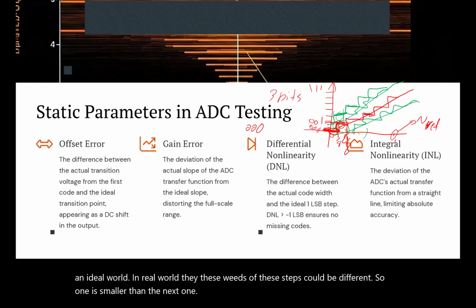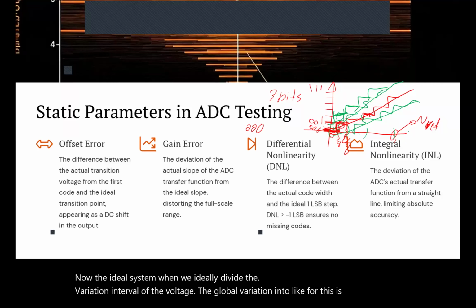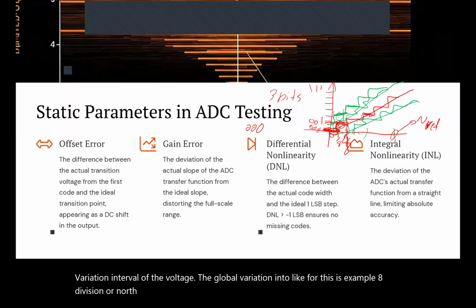Now, in the ideal system, when we ideally divide the variation interval of the voltage, the global variation, into, for this example, 8 divisions or n divisions, we call each of these equal widths LSB, or least significant bit.